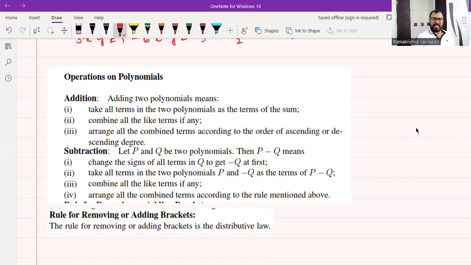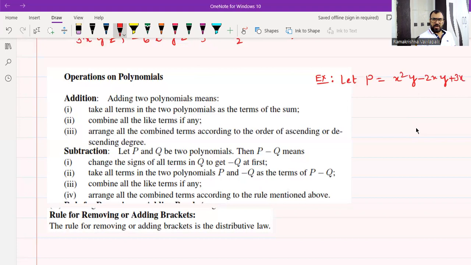Well, okay. So for example, I'll write here one example. Let p equal to, let us take x square y minus 2xy plus 3x.